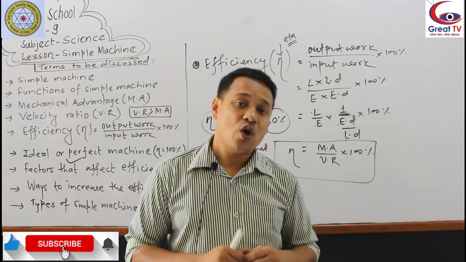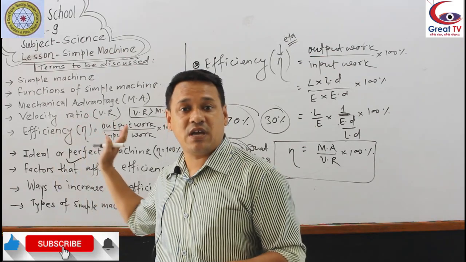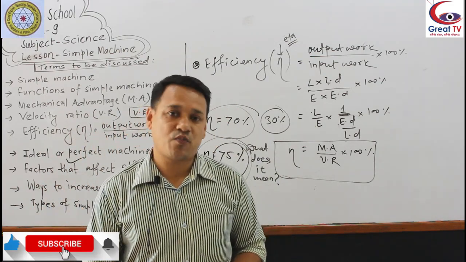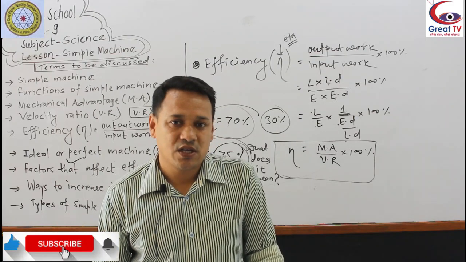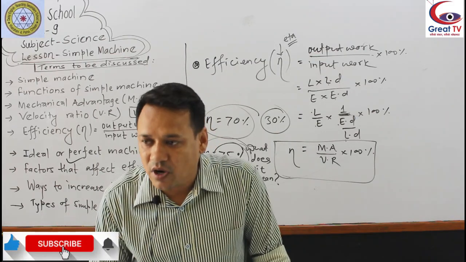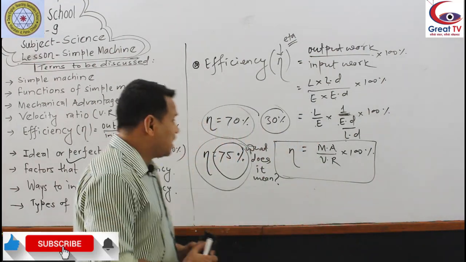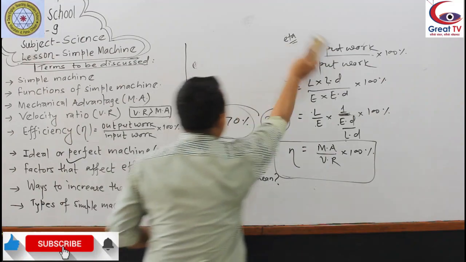Four simple machines, with numerical problems of MA, VR, efficiency like this. We have to discuss the numerical problems related to these four types of simple machine. So first one is lever. Lever, okay, you know.